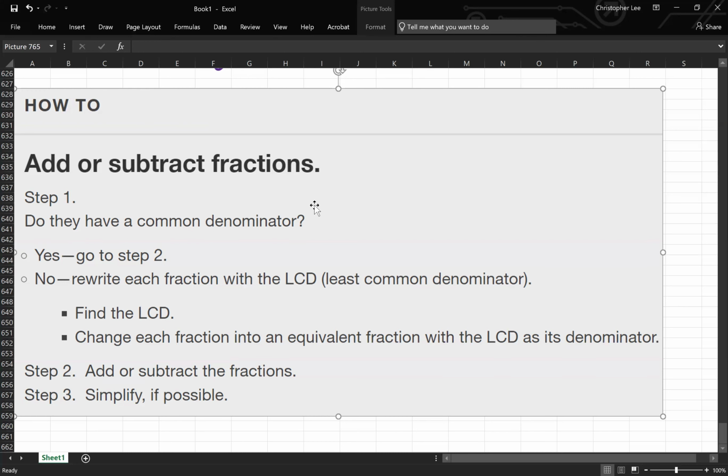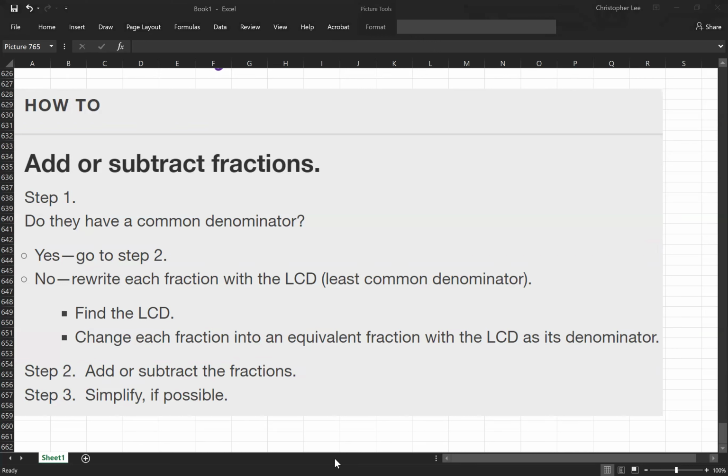Step two, add or subtract the fractions. Step three, simplify if possible. Not all the time, but if it's possible, right? So now you guys have all of the operations. Let me just give you a nice little summary real quick.